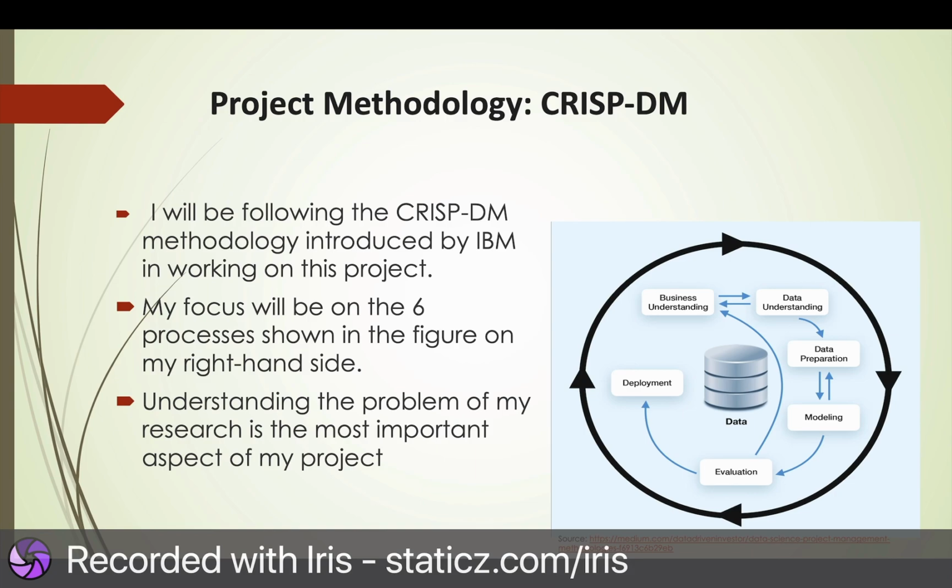The problem here, as I've said, is trying to identify and classify images and localize them to the specific areas where those abnormalities have been identified. My second part is data understanding. My third part is data preparation. Then there's modeling, then evaluating the model, and finally deploying the model.